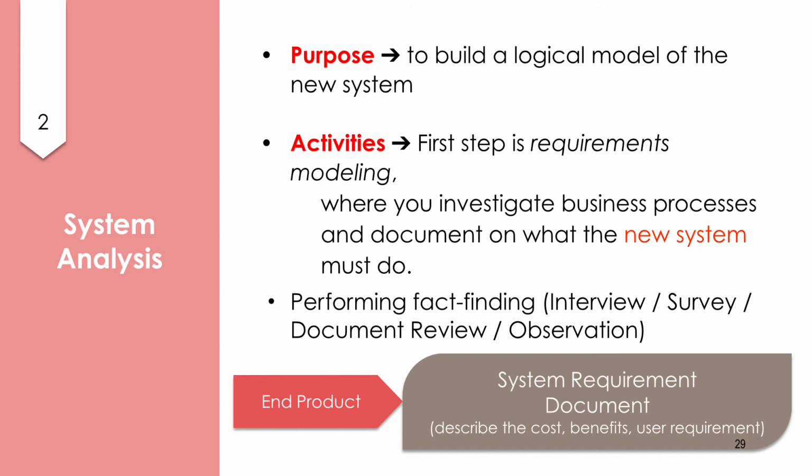Okay, so the end product of system analysis is the system requirement document, ataupun kalau dalam dokumen yang dalam lab tu kita ada SDP, system requirement plan. In the system requirement plan you need to describe the cost, the benefits, and also the user requirement on the system.